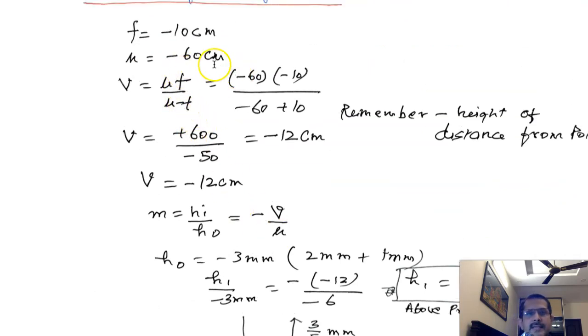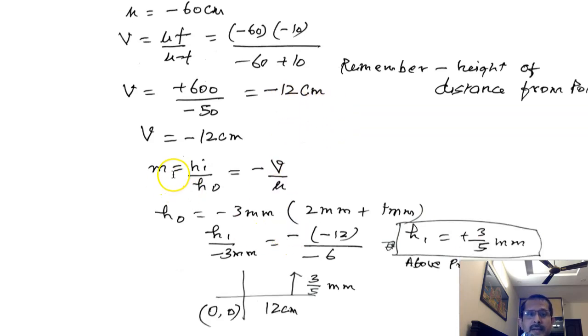So u is equal to minus 60 centimeter, and I just put everything and I get v is equal to minus 12 centimeter. Now magnification also comes into play. Magnification is equal to hi by ho, or I can say it is equal to minus v by u.